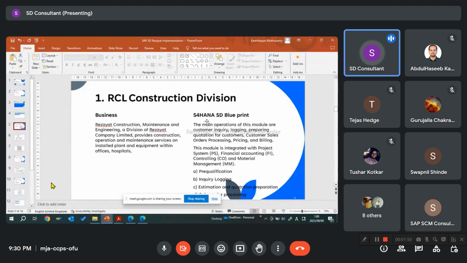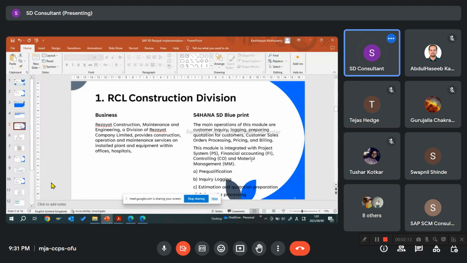From the S4HANA standpoint, it covers everything from customer inquiry, customer service or project system related logging, preparing a quotation, sales order processing along with pricing and billing. Since it's a construction business, it will mostly be a PS module or customer service.